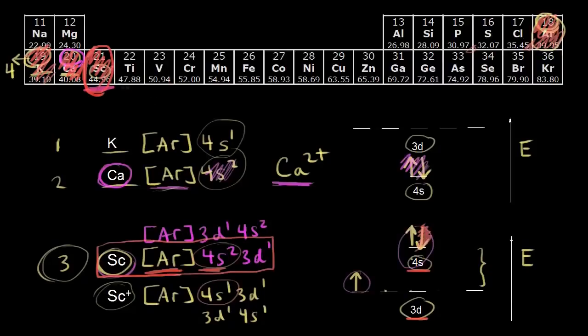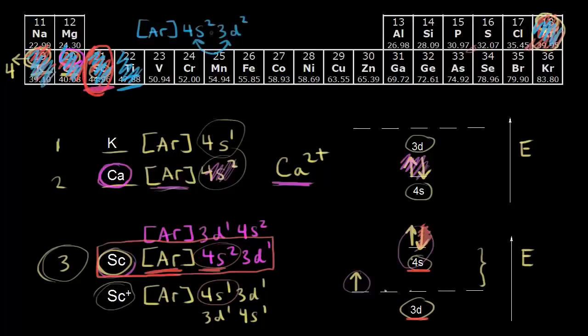Thinking about titanium, the next element in the periodic table, if your question on a test was to write the electron configuration for titanium, the easiest way is once again to think about argon. So put argon in brackets, and then think to yourself, this would be 4s1, this would be 4s2, this would be 3d1, and this would be 3d2. So you could write 4s2 and then 3d2, or once again you could switch 3d2 and 4s2.